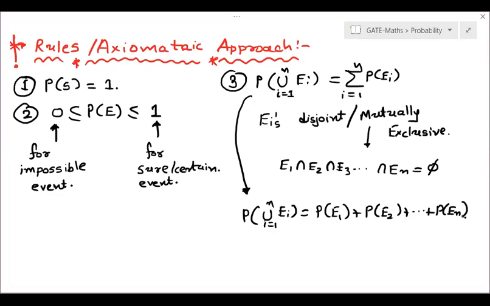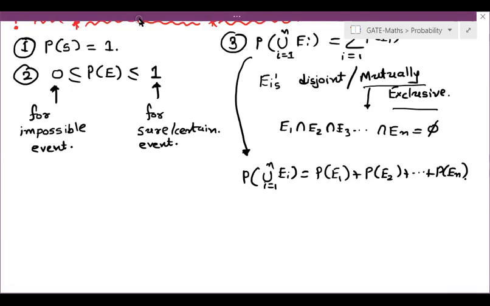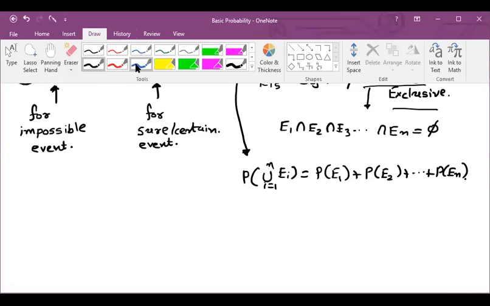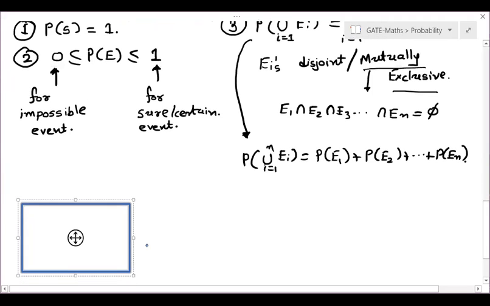Now let me give you the first classification of events, that is, how many types of events you have to deal with, such as mutually exclusive, which we have seen. I will show that classification with the help of a Venn diagram. You all know this Venn diagram, right?